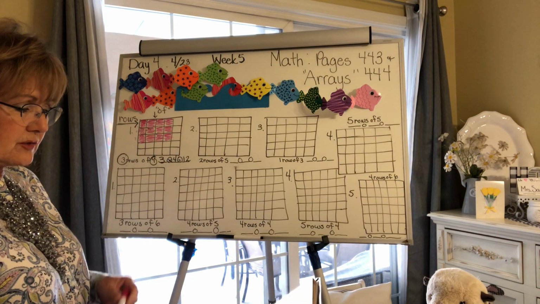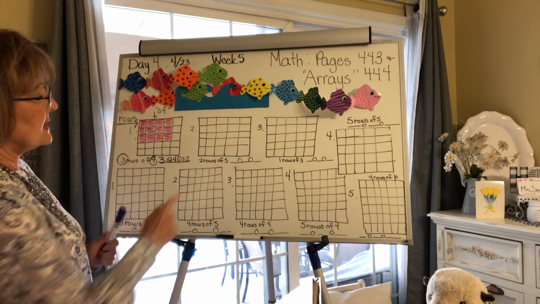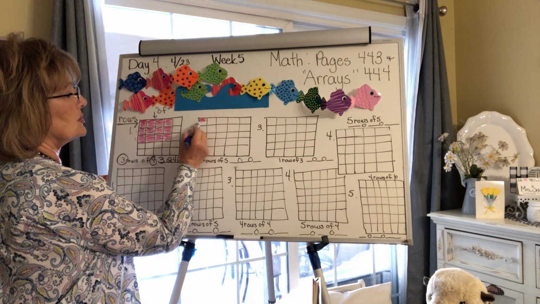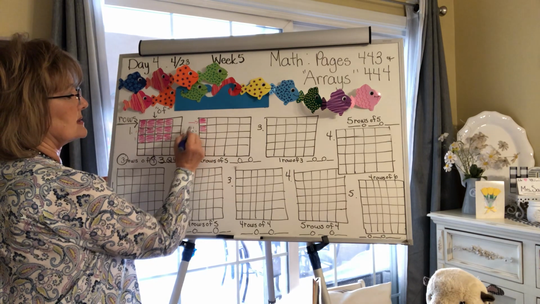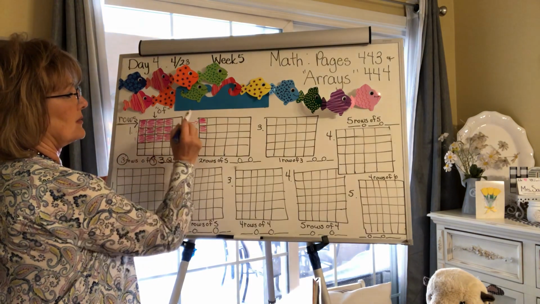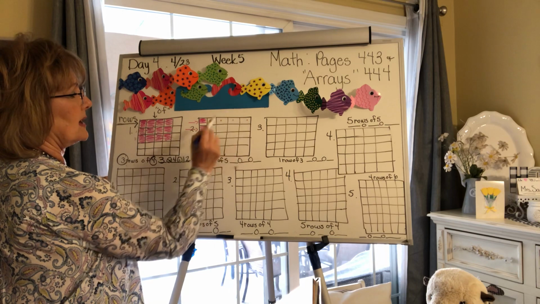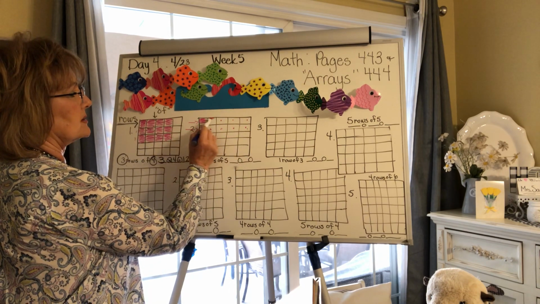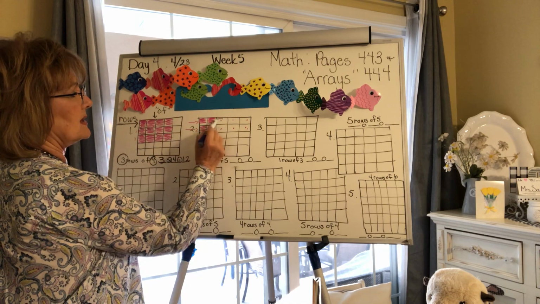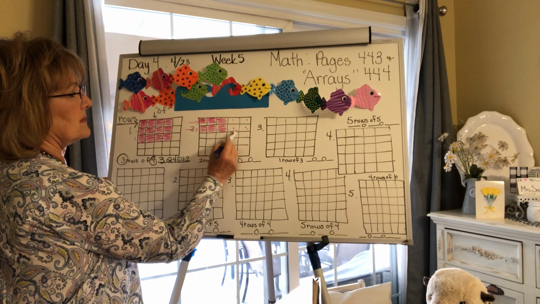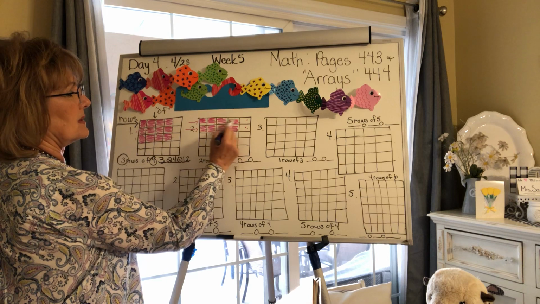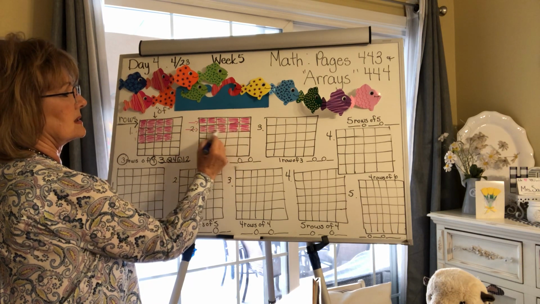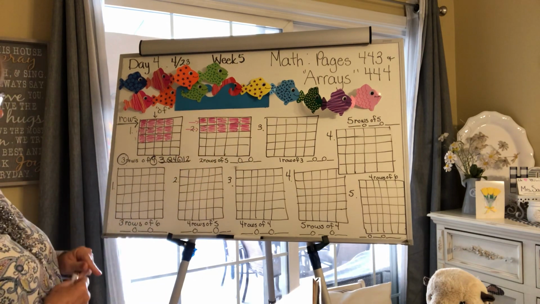Let's move over to number 2, where it says 2 rows of 5. So remember, that's going to be 2 rows. That's a row of 1, 2, 3, 4, 5. Okay, 1, 2, 3, 4, 5. 2 rows, 5 each. You got 2 5s, right? I'm just doing that. You just do your best. 2 rows of 5.